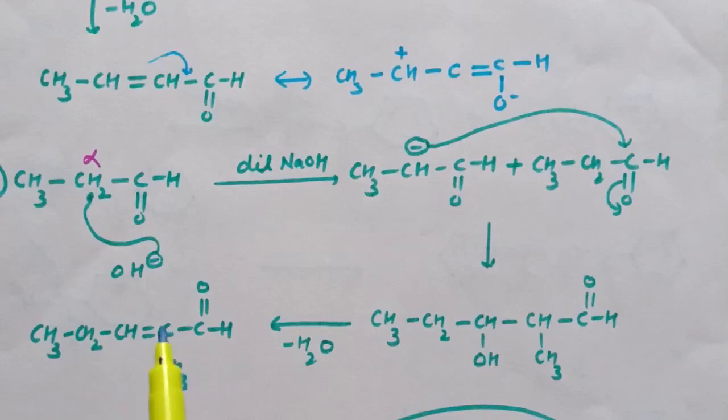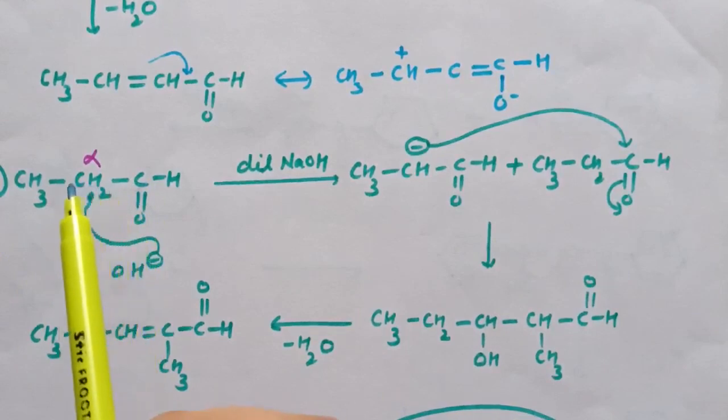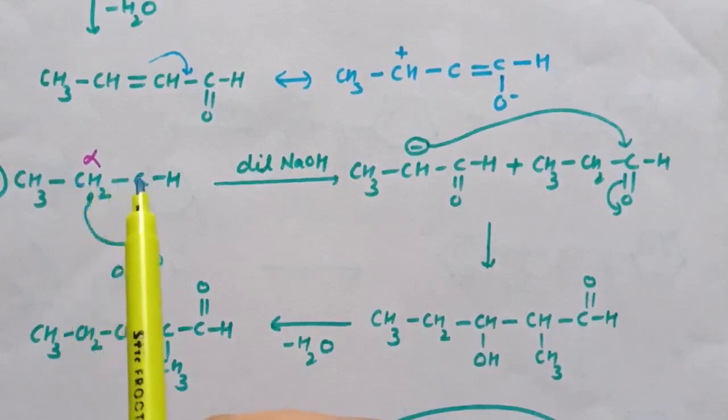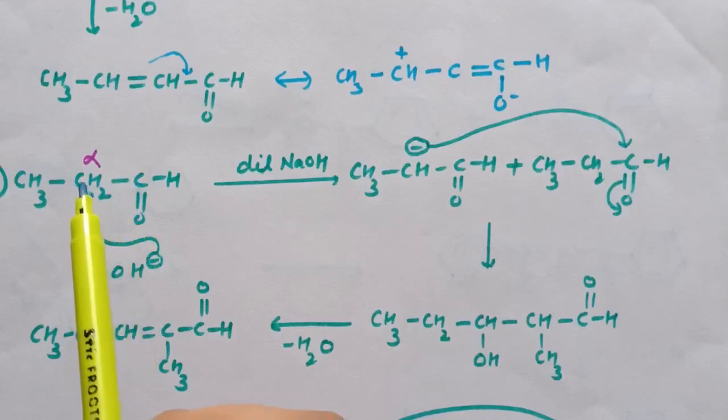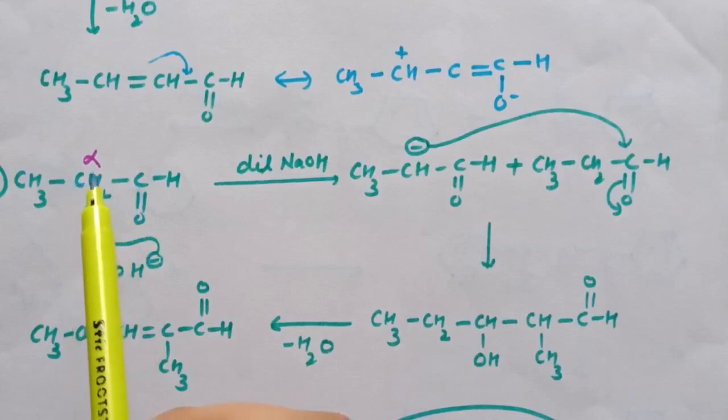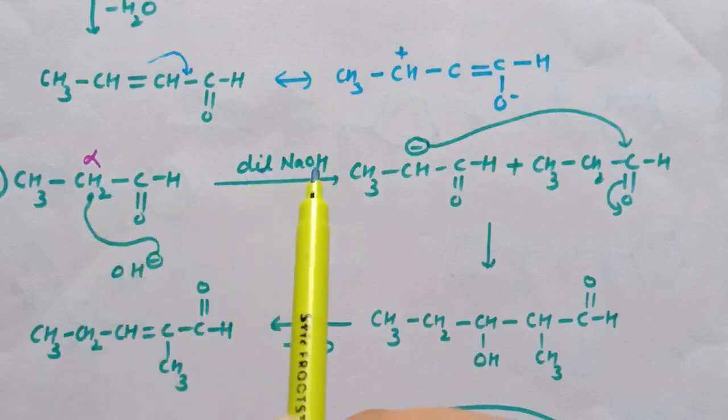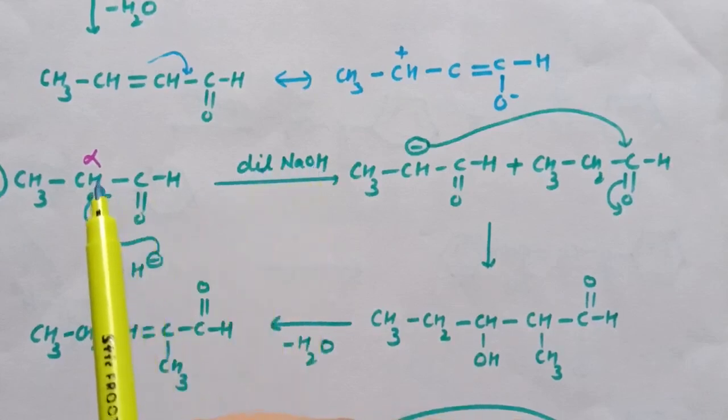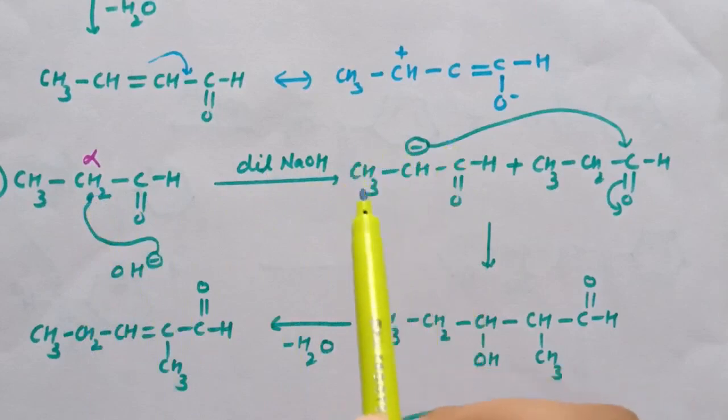Second product is self-aldol condensation of propanal. So here in this case, the carbon which is attached to this carbonyl group is the alpha carbon, and here two hydrogens are alpha hydrogens. In presence of dilute NaOH, this base abstracts one of the alpha hydrogens and this will form.